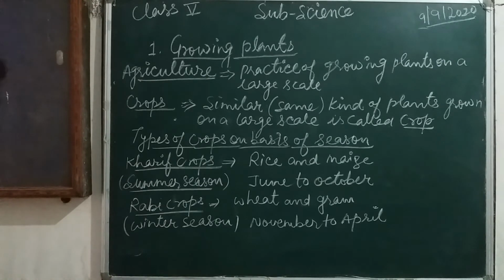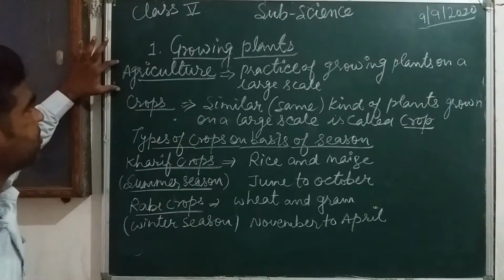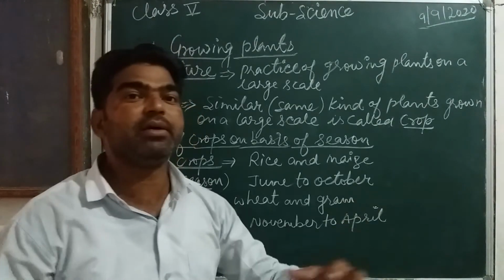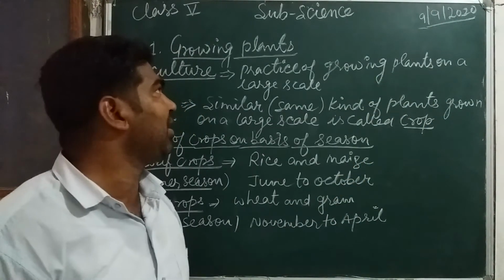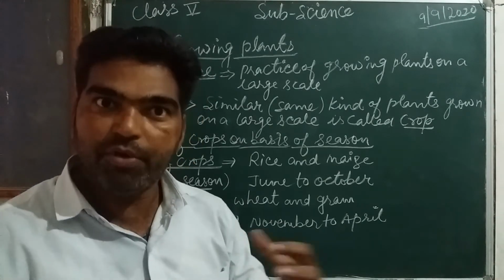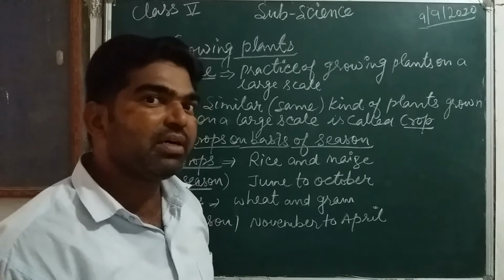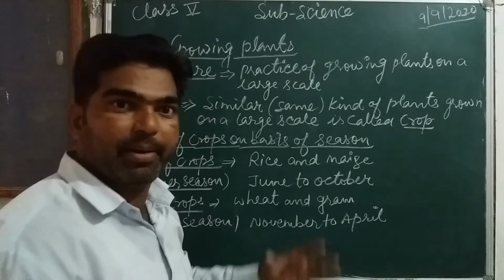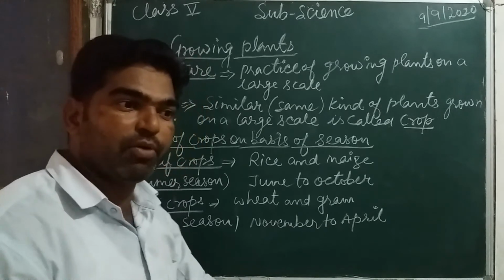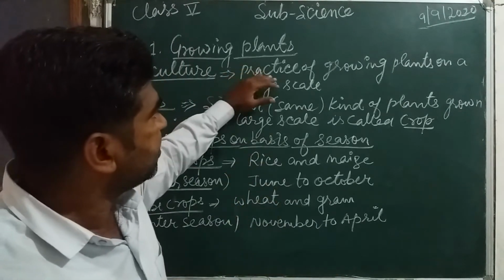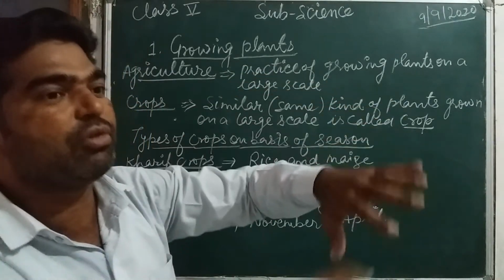So now next our topic is what, agriculture. So agriculture means the practice of growing plants on a large scale for the fulfilment of the requirement of food and other products. Okay, means for our requirement. So we grow the plants on a large scale.